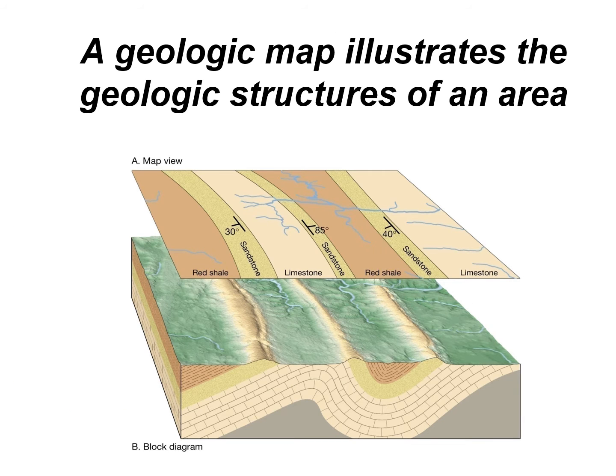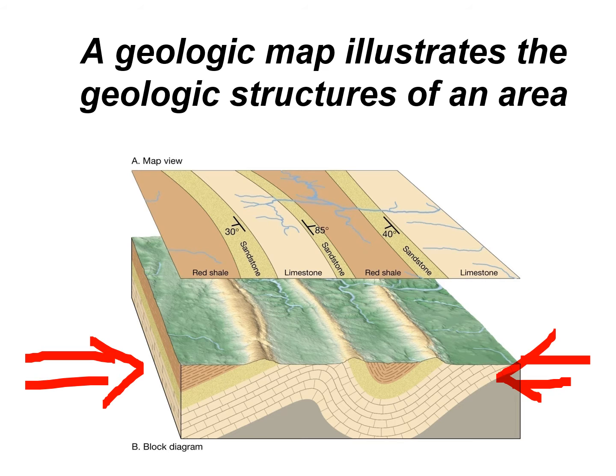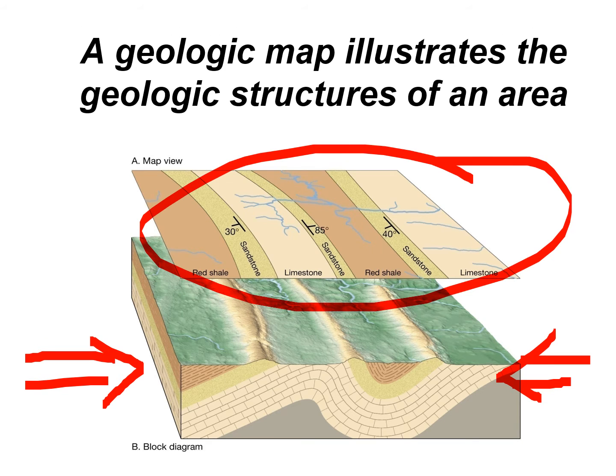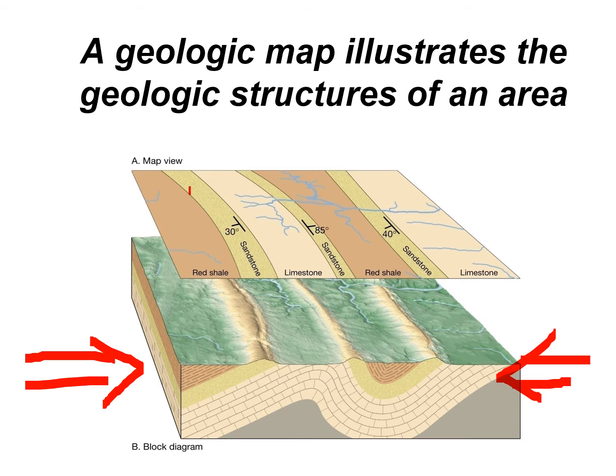So here we're looking at a block diagram showing some of these structures. Now, whenever we see folds, we should automatically think that the crust has been compressed laterally. And again, this is what we see when we have rocks at a convergent plate boundary. On the map view, this sandstone here is dipping that way at 30 degrees.